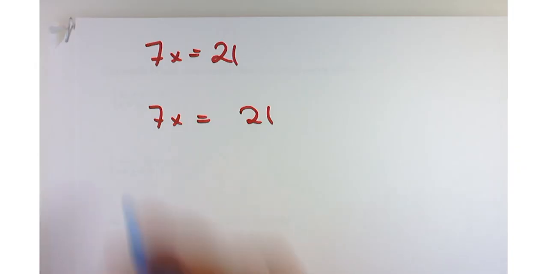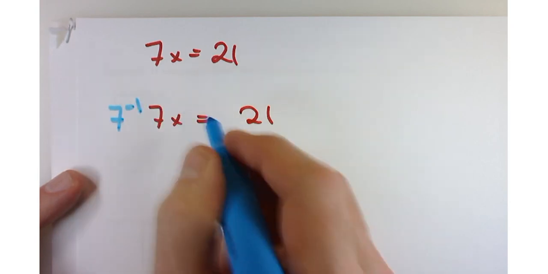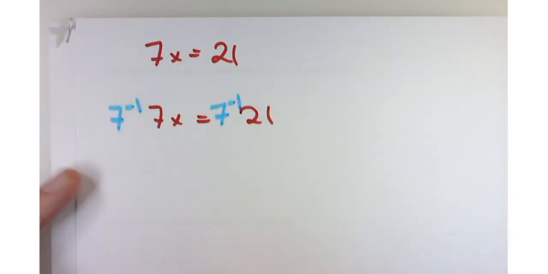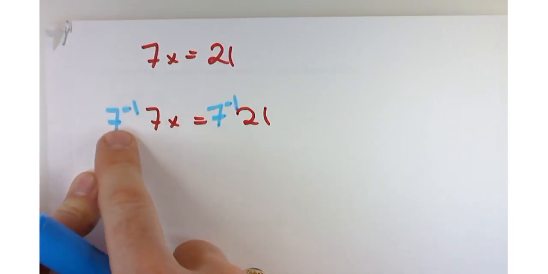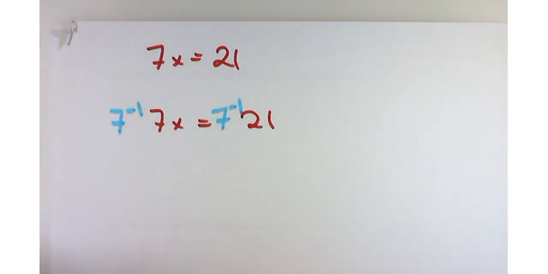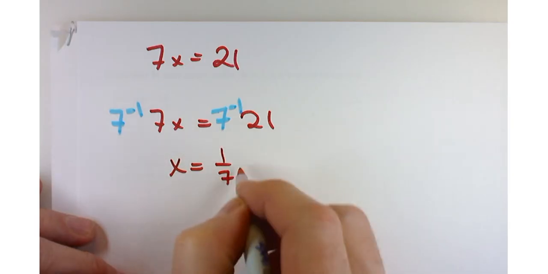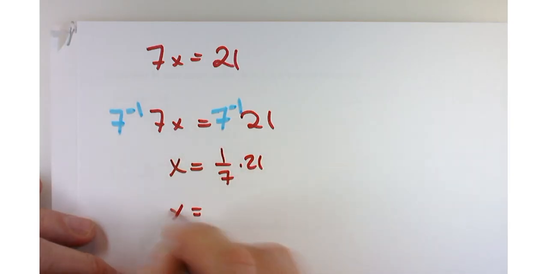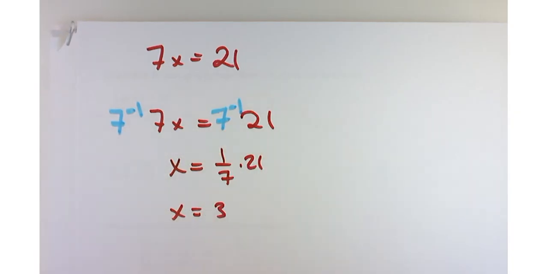What if I multiplied by the reciprocal of 7, the inverse of 7, on both sides? Now, 7 inverse times 7, or 1 over 7 times 7, that's going to cancel, right? And on the right-hand side, I get 1 over 7 times 21, which is 3. So basically, my solution is just doing that work over here.